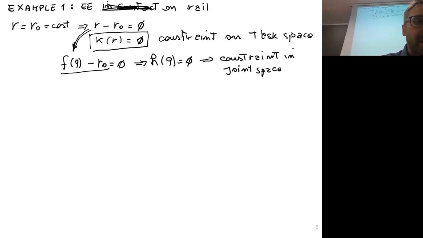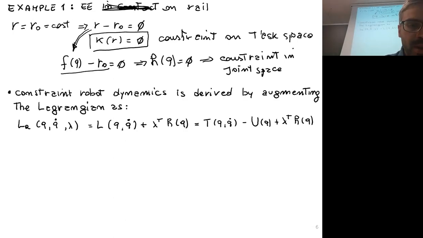So we map the constraint from the vector space to the joint space, and we can change our Lagrangian, for example, for the computation of our dynamic model, to incorporate an additional term that is a linear function composed by a multiplier, lambda, that we will see is the contact force, which is an m-dimensional vector, same as the task function, multiplying the constraint function h of q.